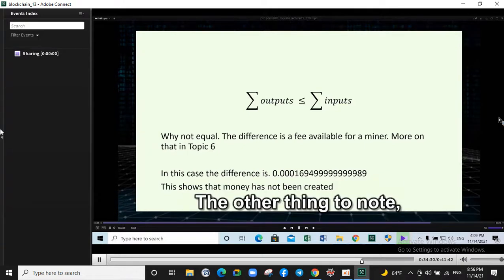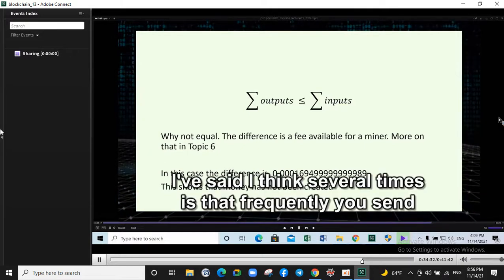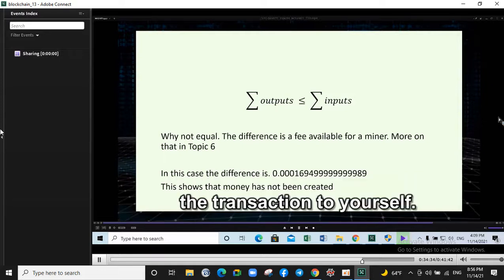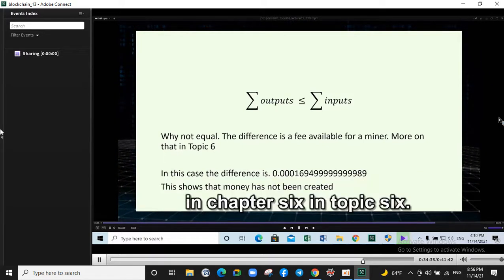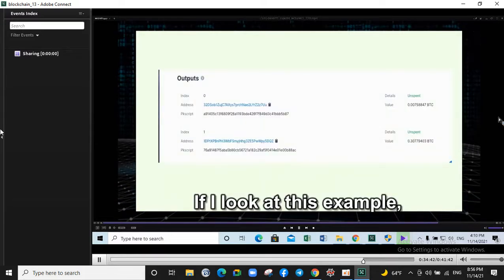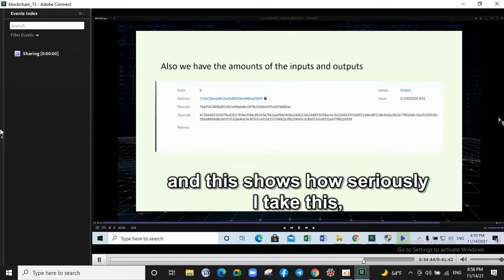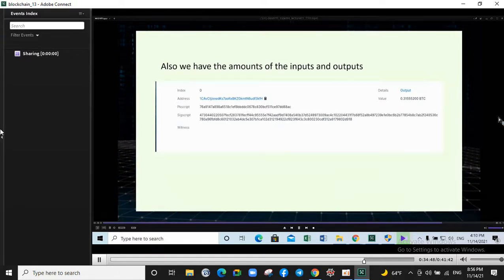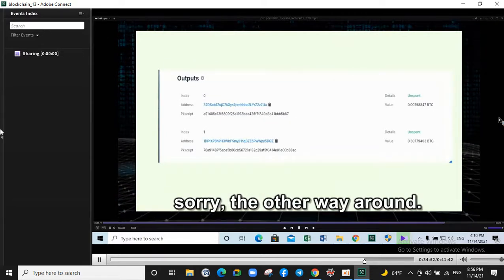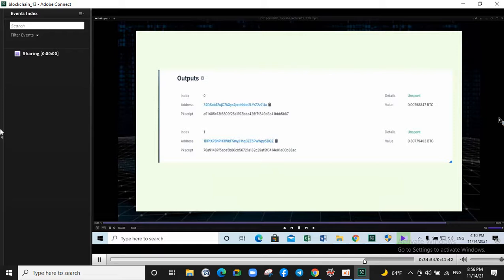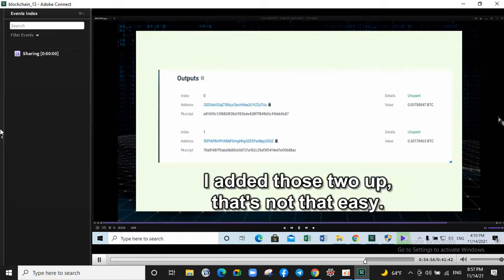The other thing to note, which I've said several times, is that frequently you send a transaction to yourself. More on this when we're talking about miners in topic 6. But if I look at this example, and this shows how seriously I take this, this is a hard sum to do. Look at these outputs and that input. I added those two up. That's not that easy.